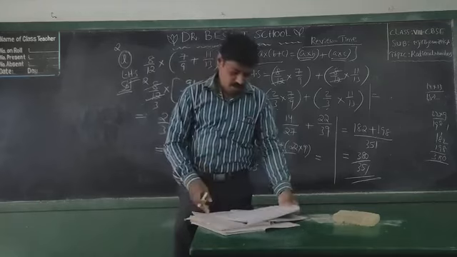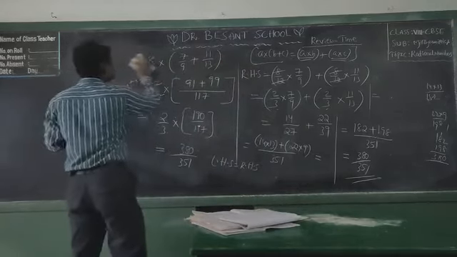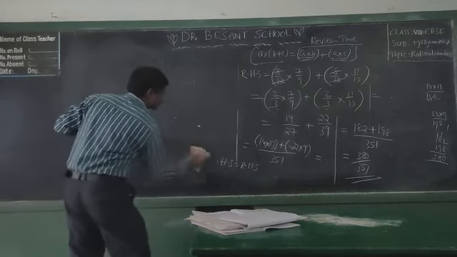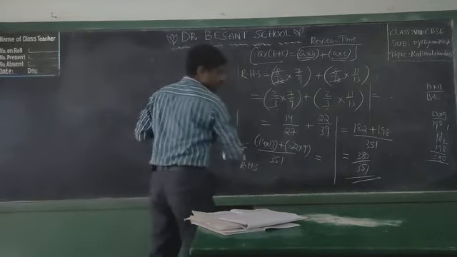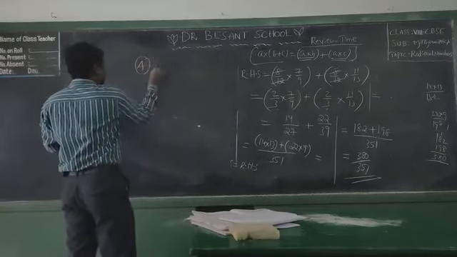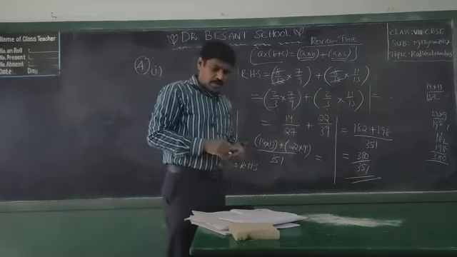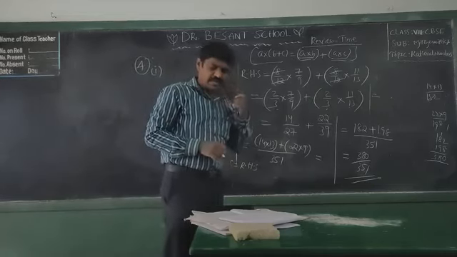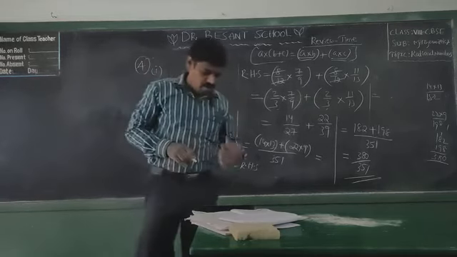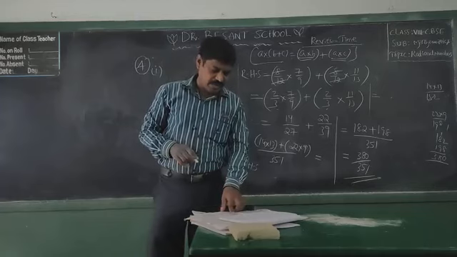Next, the fourth problem. See, the closure property is not followed by division in rational numbers.